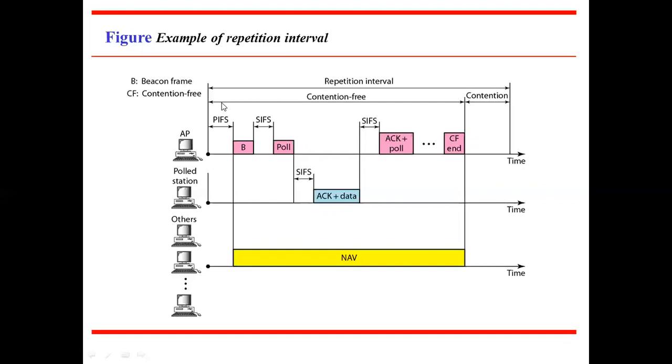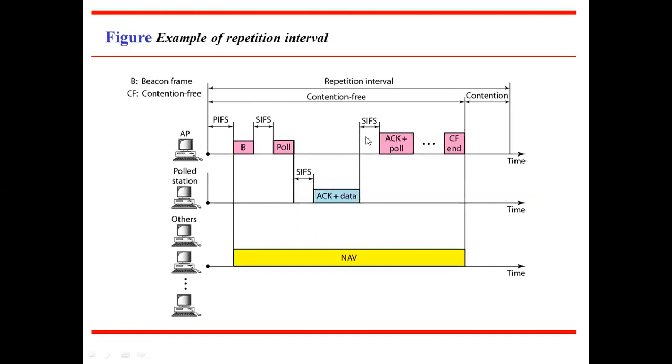Then it arranges a poll, and among the different stations, one of them is the polled station, which waits for a SIFS interval. Then acknowledgement plus data is sent from it.